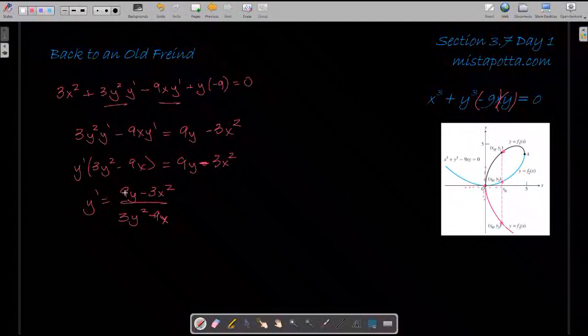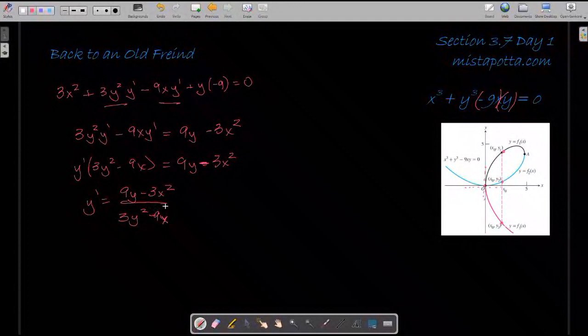But of course, substituting 0, 0 in here gives me 0 divided by 0, an indeterminate form. I can't tell what the slope is. And I don't have a common factor other than 3 that will allow me to reduce this fraction to something I could substitute.